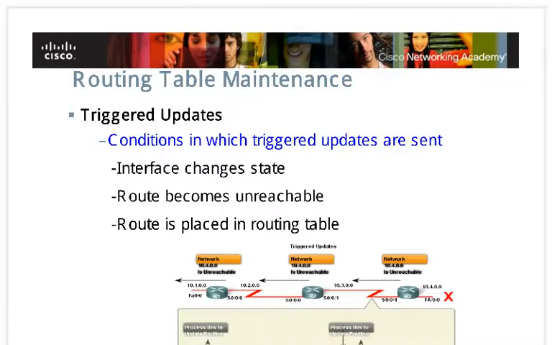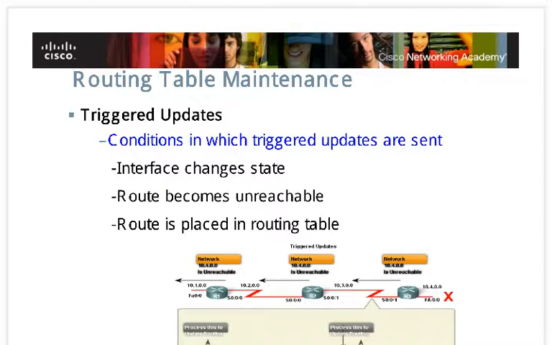So the triggered updates talks about the fact that if there is any condition of change in the network, and this could be an interface, one of the interfaces changes its state. Each interface represents a network or a local area network which is connected to this router port. For example, this one. Okay?